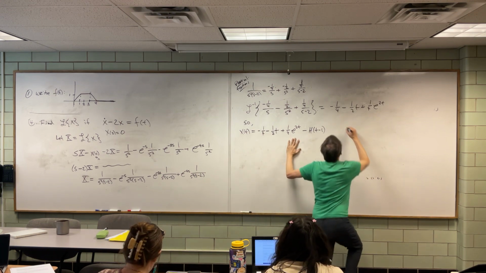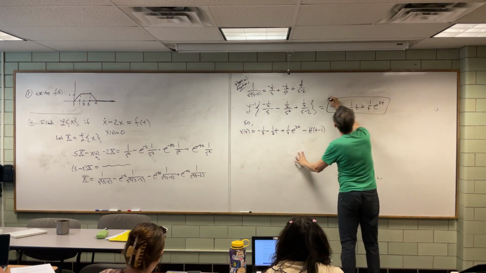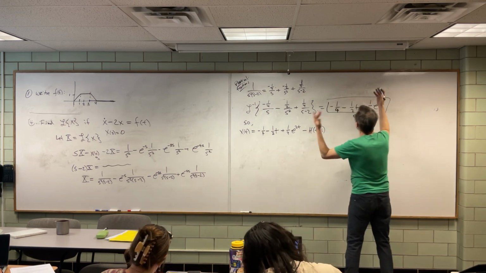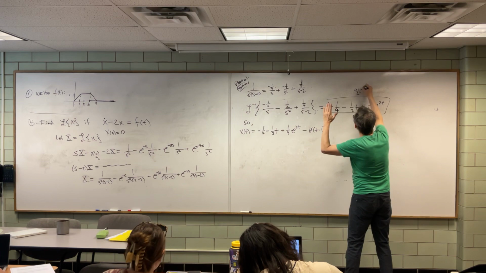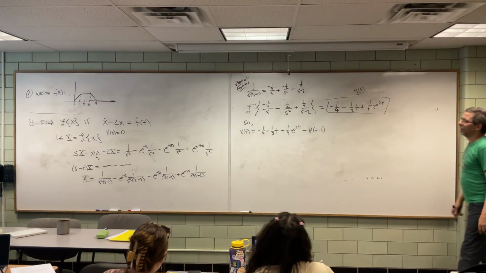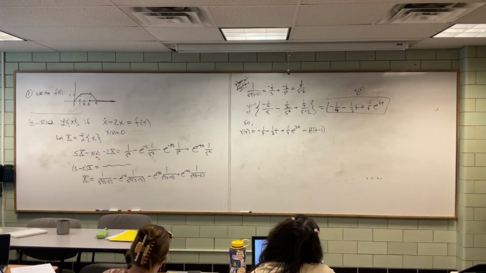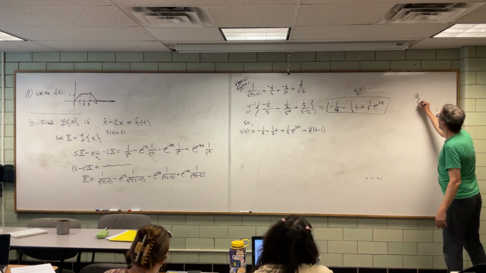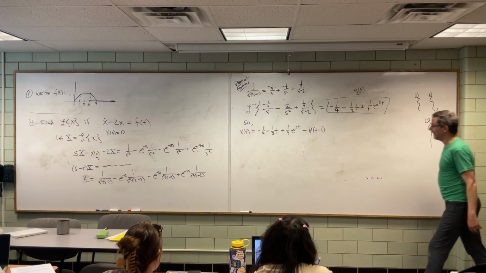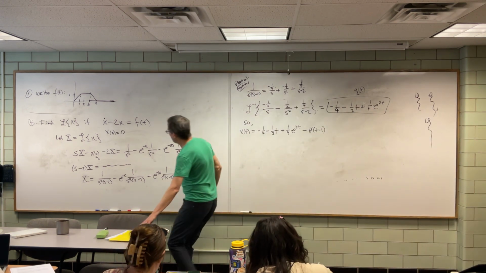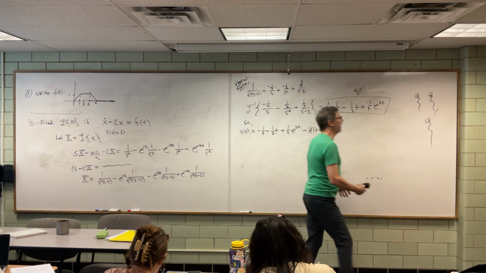So let's call this expression c of t, or whatever, just make up some symbol. I just like saying c, because you cannot go wrong making a c. Use your favorite letter.